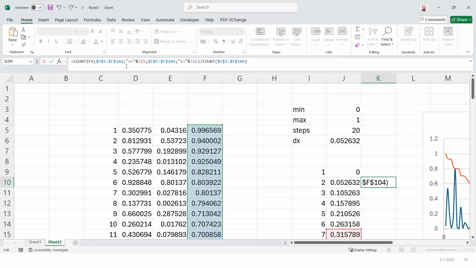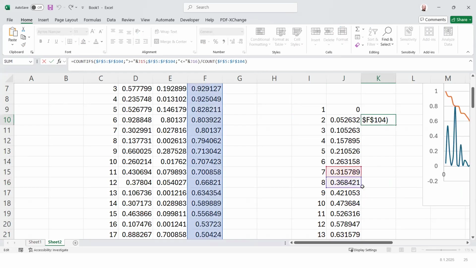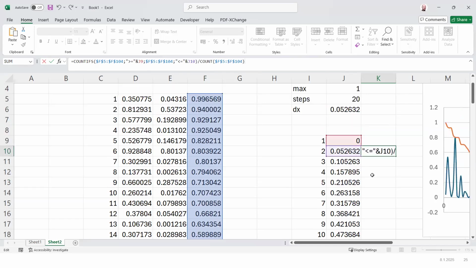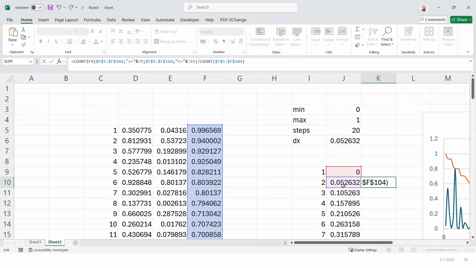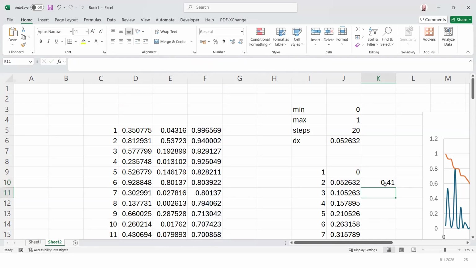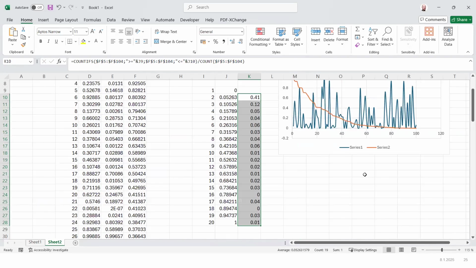It doesn't matter if it's the original data or the load duration curve. So how many of these values fall in between 0 and 0.05, and so forth?